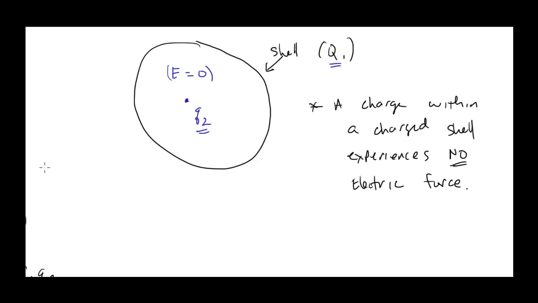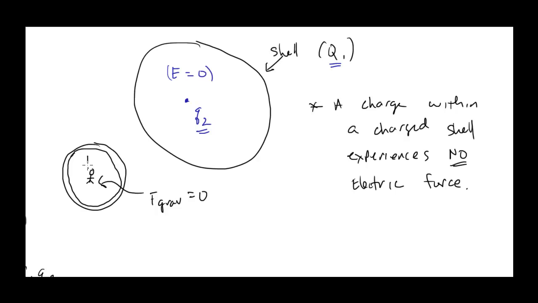If this was a planet, a hollow shell, and you were inside, the force of gravity inside would be 0, which is very surprising. You would float there as though you were in outer space.